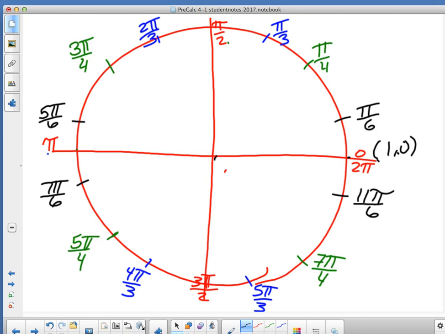30-degree angle. If I go 30 degrees, and I have this as 1, do you remember that this is half of the hypotenuse? Okay? And over here was the square root of 3 over 2, okay?